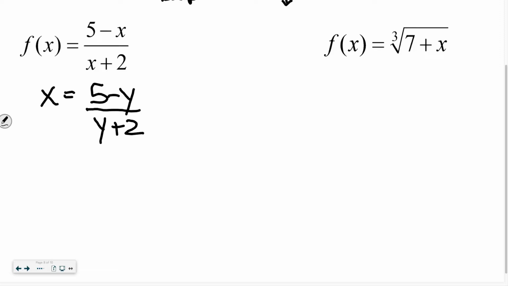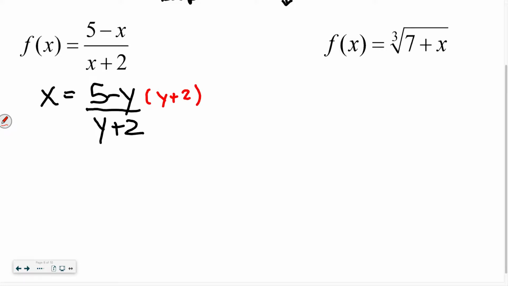Did any groups talk about what they might do to solve for the y? Yeah, I like that idea. You're going to be troubled by solving for a variable that's in a denominator, right? You don't really solve for x's or y's in denominators. You get them out of the denominator. So Lexi is saying multiply both sides by y plus 2. I love that. Let's do it.